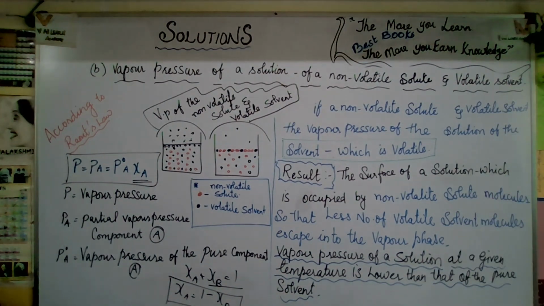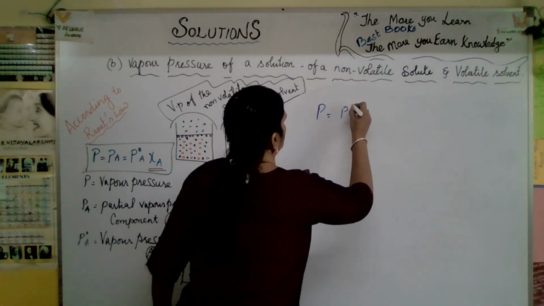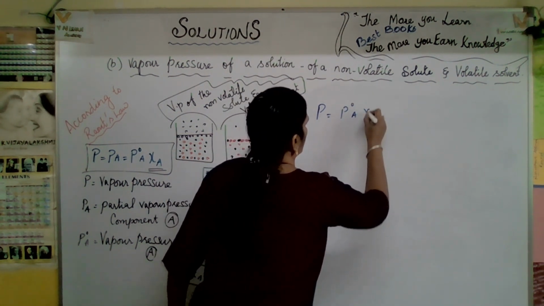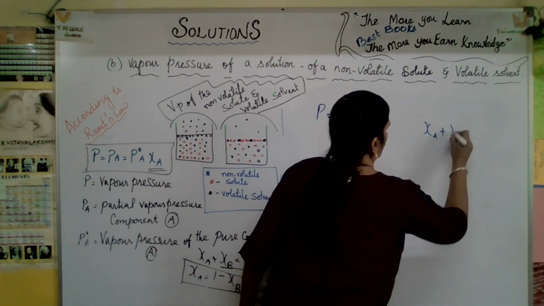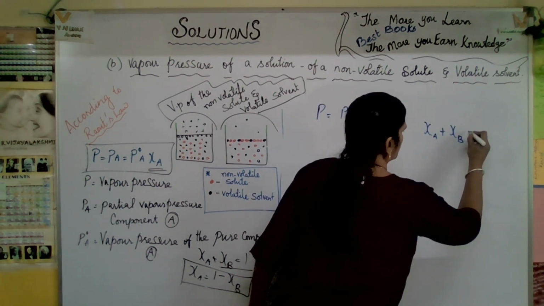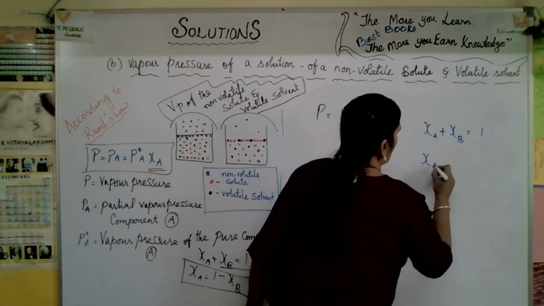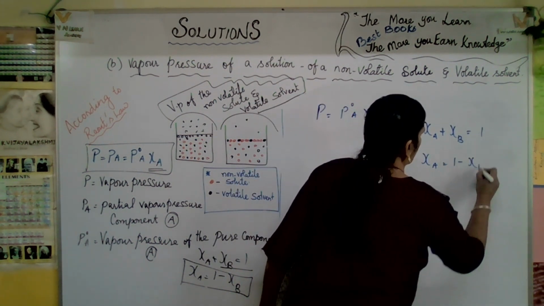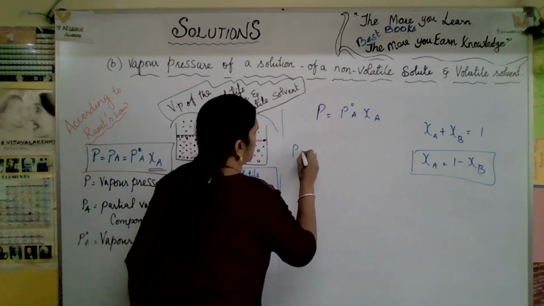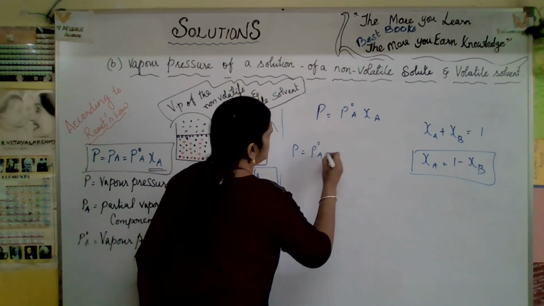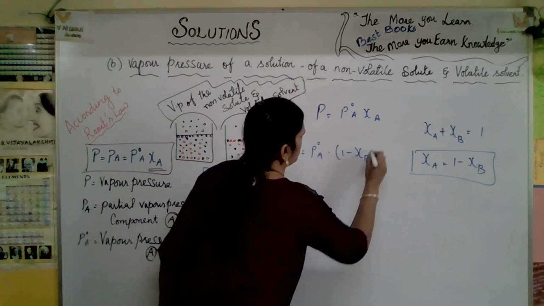Now come to this point. As we mentioned, P equals P naught A chi A. Now chi A plus chi B, the mole fractions of components A and B, equals 1. So chi A equals 1 minus chi B. Let us apply this here: P equals P naught A into (1 minus chi B).